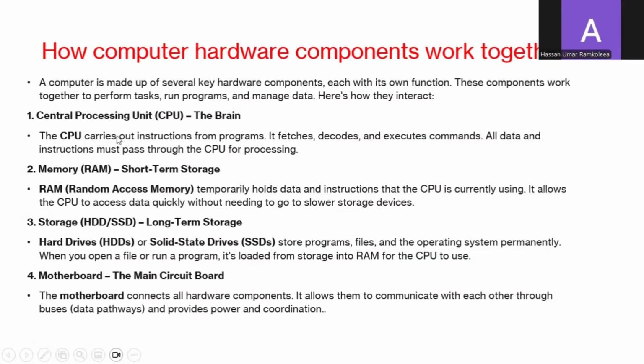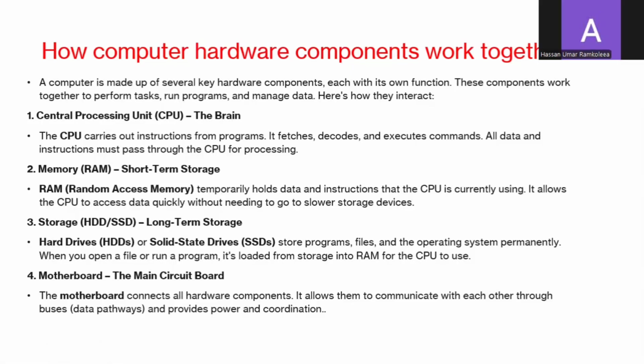For example, the first one is the central processing unit, the brain, like we can say. The CPU carries out instructions from programs. It fetches, decodes, and executes commands. All the data and instructions must pass through the CPU for processing.